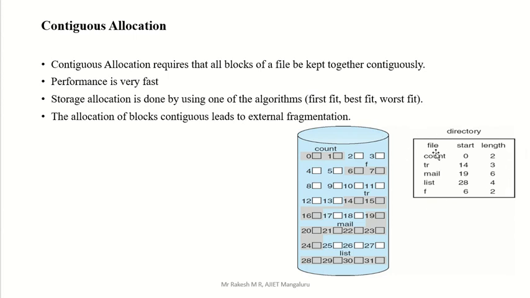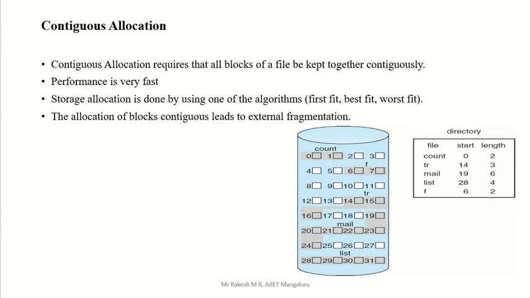First you have one file, count, and you want to store it. Before creating the directory, I will tell you how to store this. We have 32 blocks, right? To store the count file, it is big, so you need two blocks, one here, one here. Combined we have one file called the count file. The count file is stored in these two blocks.